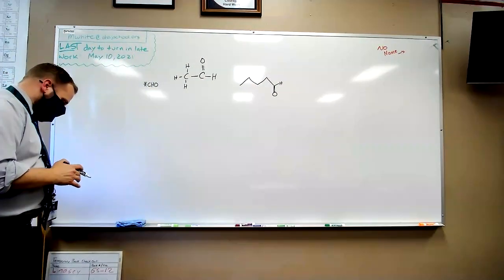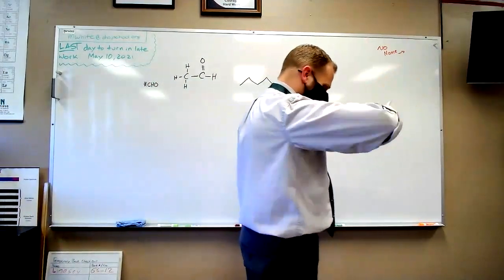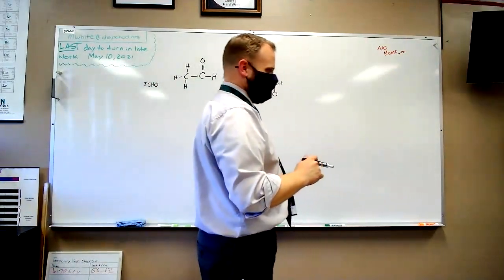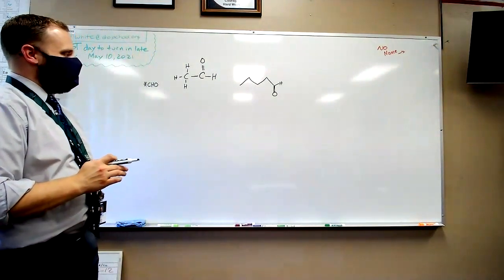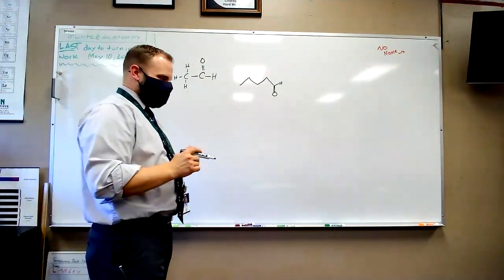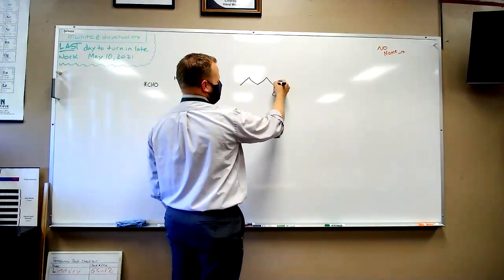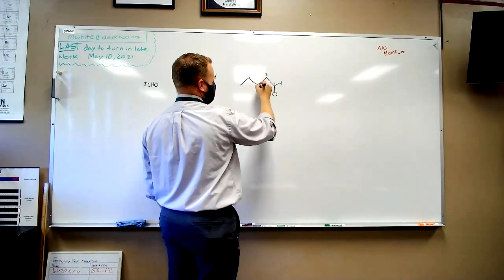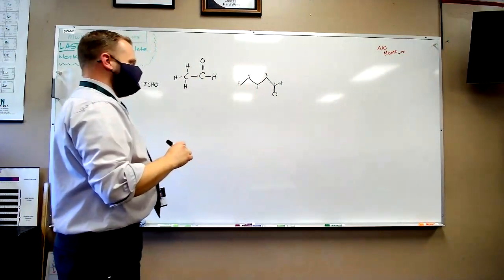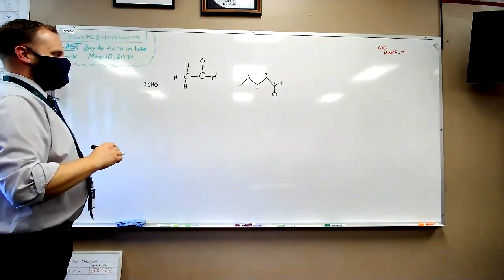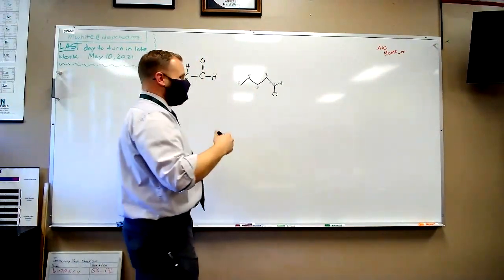That actually makes things nice, because since you know it has to be on one side or the other, it makes our numbering really, really easy. In this situation, we would start right here: 1, 2, 3, 4, 5. And so, how do we name this?